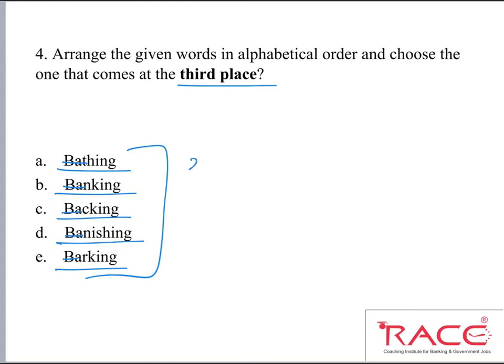T. What is the value of T? 20. Here N. What is the value of N? 14. Here C. What is the value of C? 3. Here N value is 14, and here R value is 18. So now if I place all these values in order, first it will be 3, second 14, 14, 18 and 20.